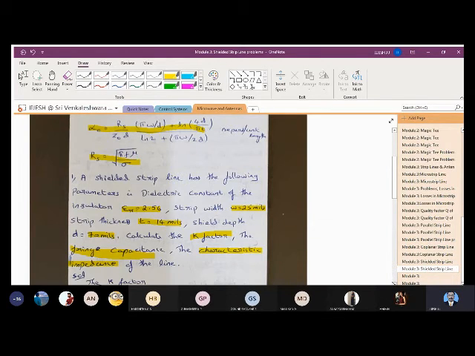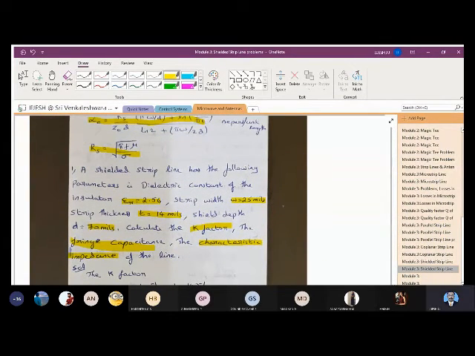Any answer? Did any one of you get the answer for K?